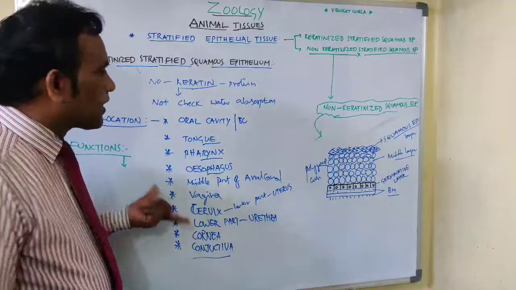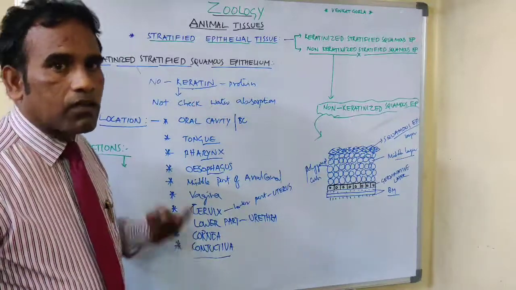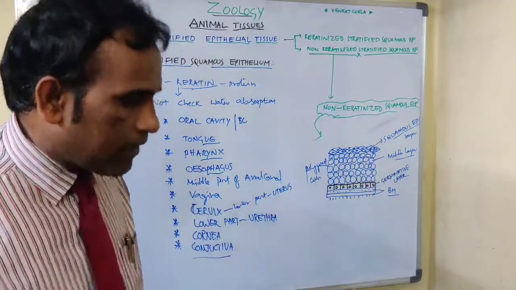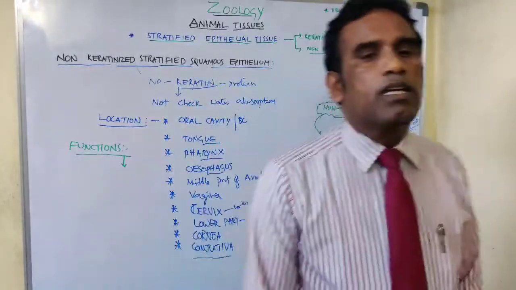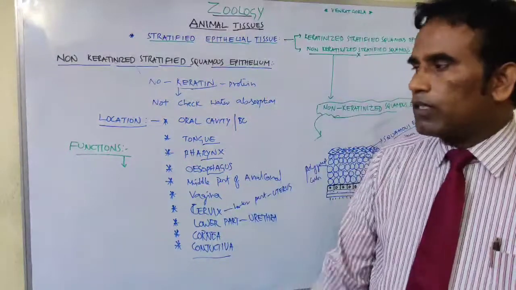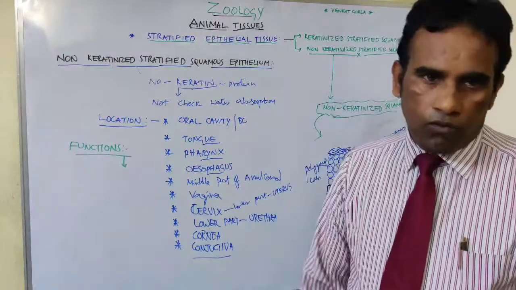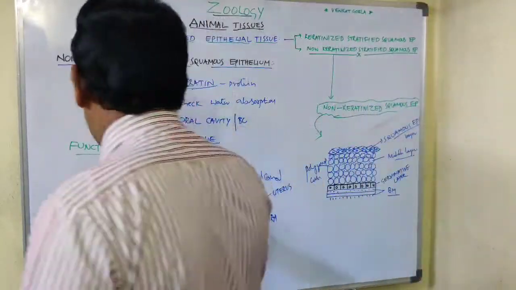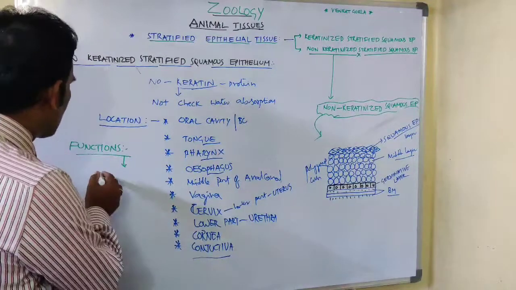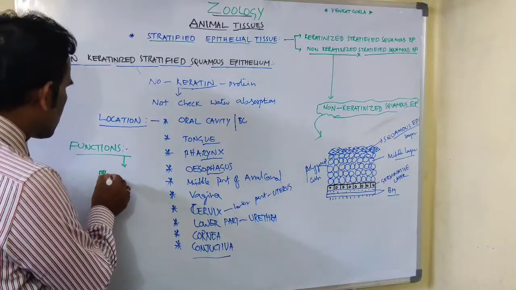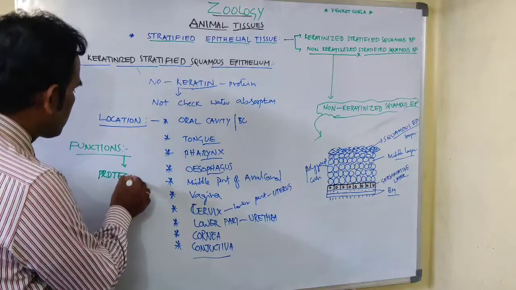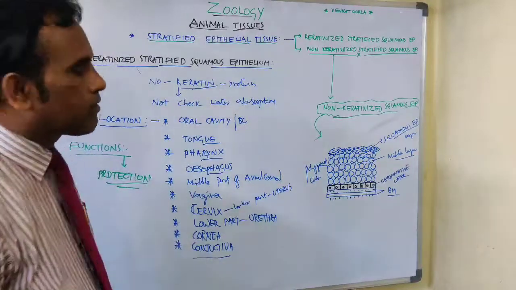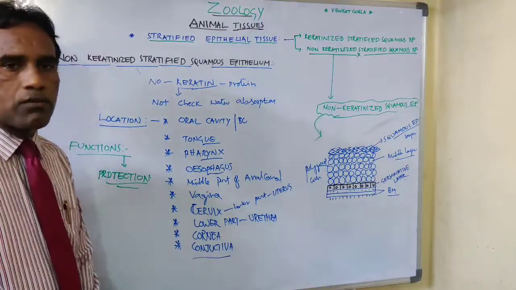That is why, in the buccal cavity, when we drink hot water or hot tea or hot coffee, some layers get damaged. That will heal and reform again within a couple of hours. So that is a high power of regeneration, and the main function is protection of the parts where it is located.